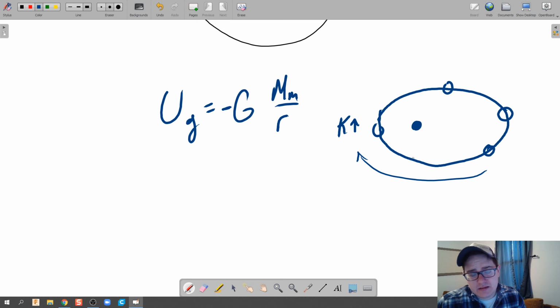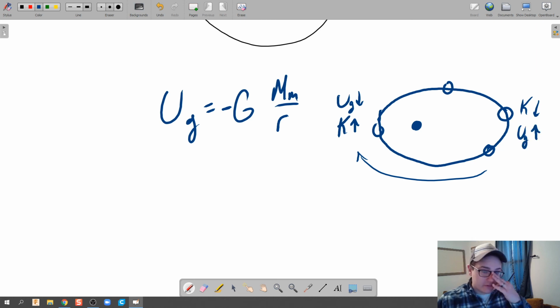As it goes away, that kinetic energy is going to be the lowest. It's going to be going the slowest the further away it is. So we say that its potential energy is lowest when it's closest, and its gravitational potential energy is the highest when it's further away.